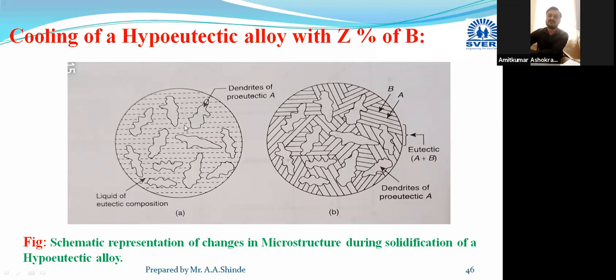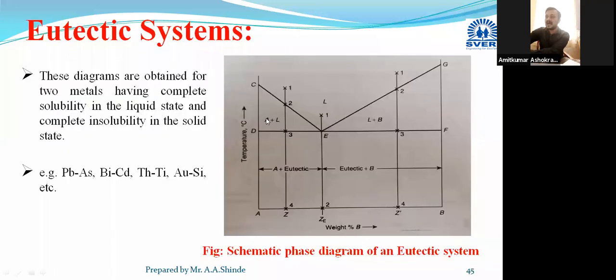This A microstructure will be observed in region 2 to 3, and this element A is named dendrites of proeutectic A. First concentrate on this proeutectic A. As this solid A is separated before the eutectic point, or before the occurrence of the eutectic transformation, it is termed proeutectic A. At point 3, this is the temperature where eutectic transformation occurs.